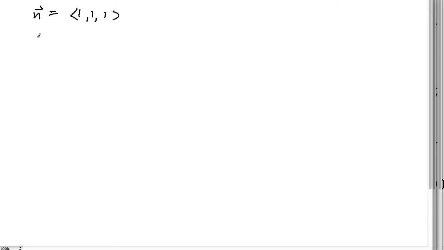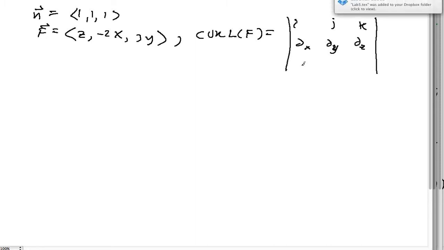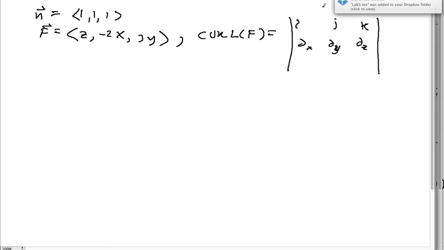And our vector field was z, negative 2x, and 3y. So we need to calculate that curl vector. And that's going to be the determinant of i, j, k, partial x, partial y, partial z, of z, negative 2x, 3y.